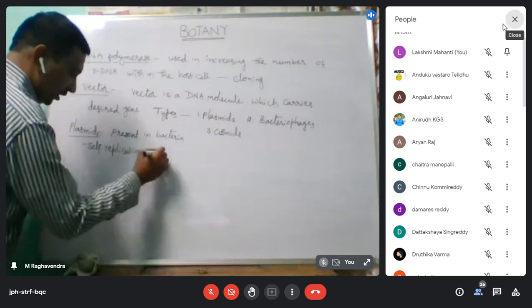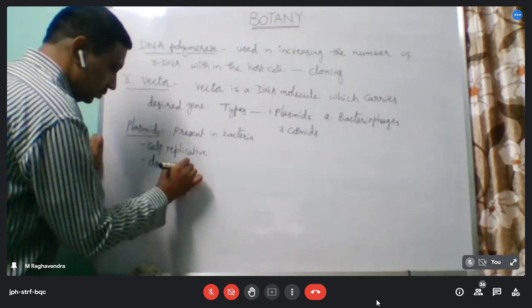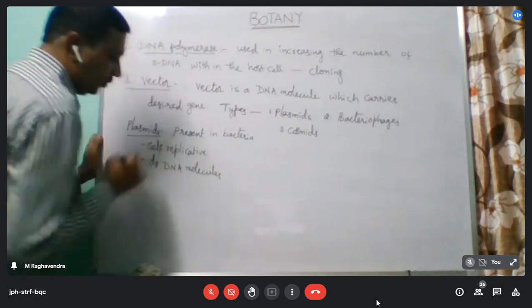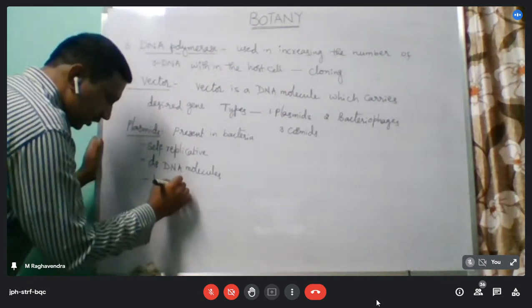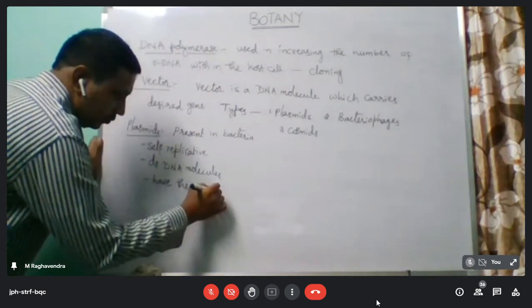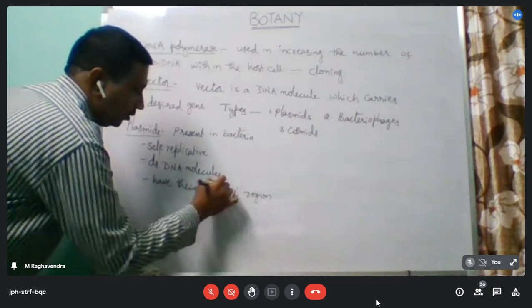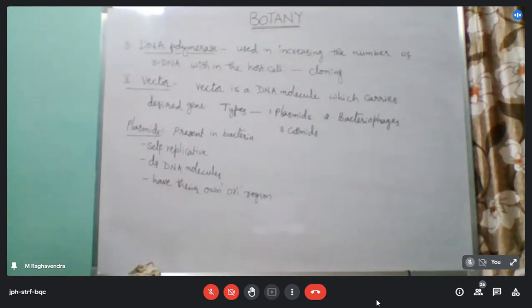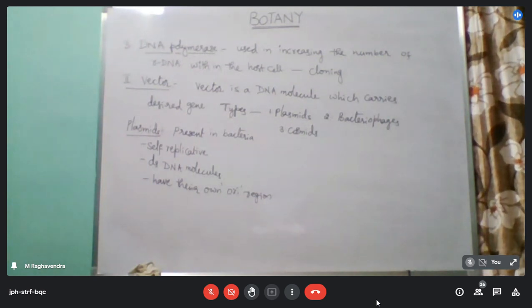They are double-stranded DNA molecules, and they have their own ORI region for replication. ORI means origin of replication.